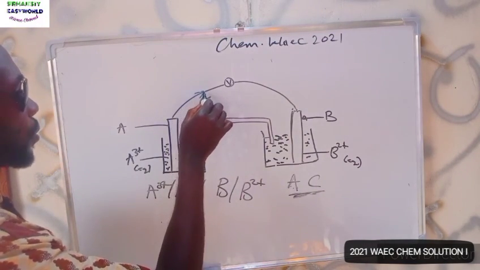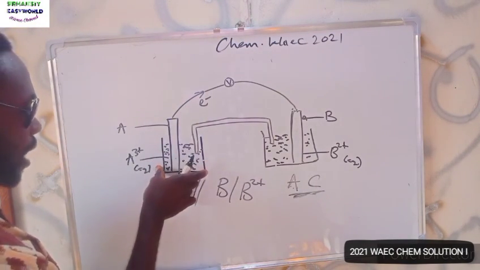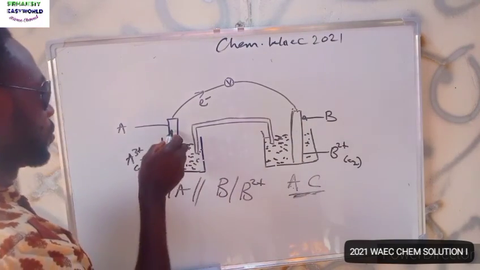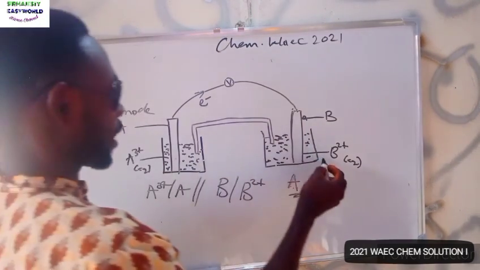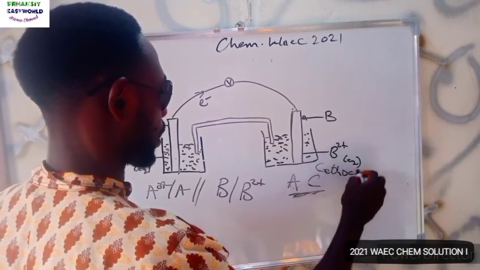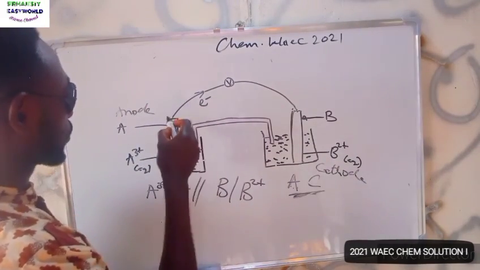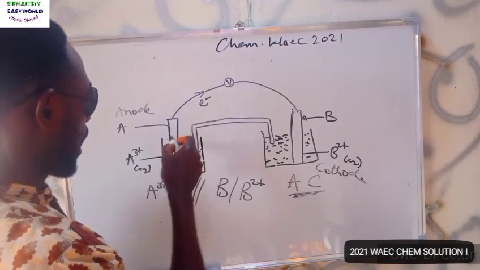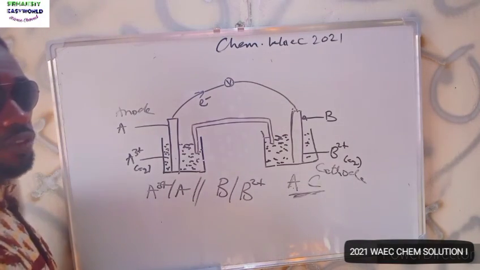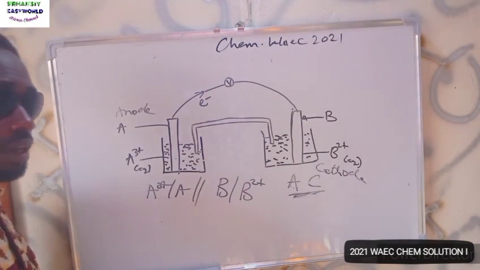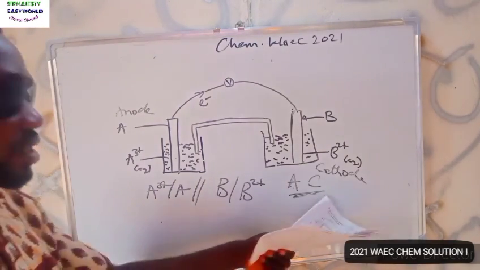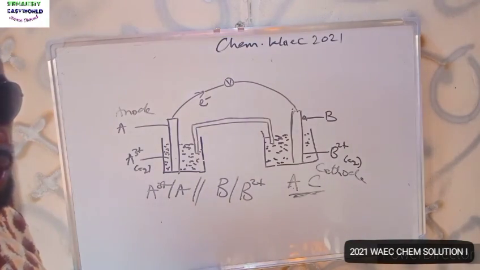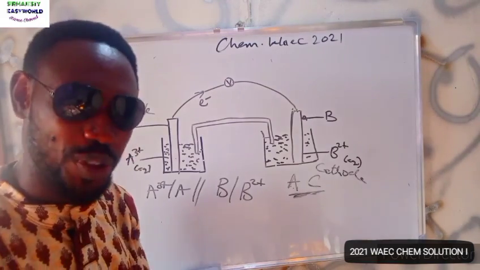Since this arrow is pointing from this particular half cell to this one, this was automatically our anode, and this half cell is automatically our cathode. Electrons move from anode to cathode in whichever case, whether electrochemical cell or electrolytic cell.